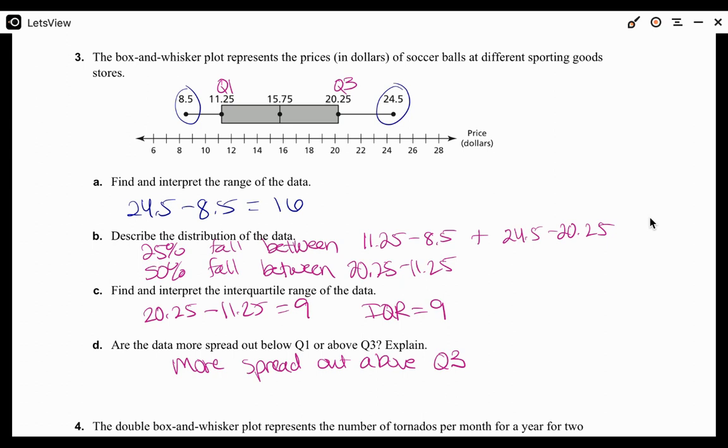Because between 24.5 and 20.25, the range is 4.25, and that's a greater range than between quartile 1 and the lowest value. So this is longer than this one.